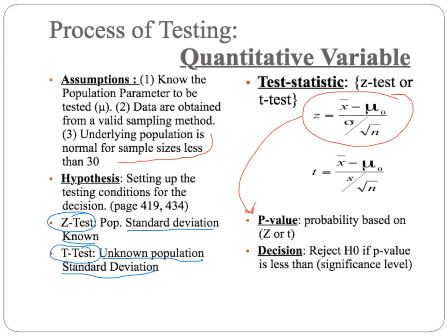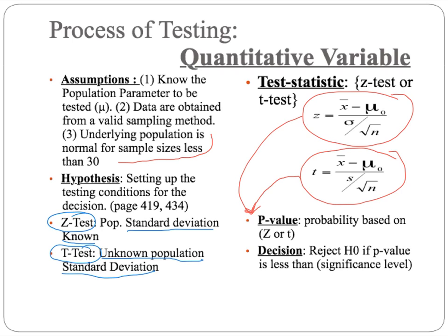Also, if we don't know the population standard deviation, we have to go to a t-test, and here t is equal to x bar minus mu naught divided by s divided by the square root of n. And again, from our t-distribution, we'll be looking for a p-value, and that's the probability of x bar being away from mu naught under believing that mu naught is true, right?